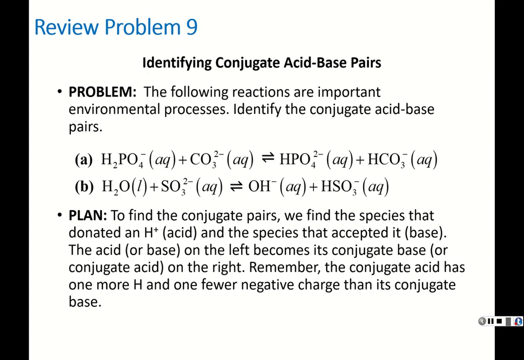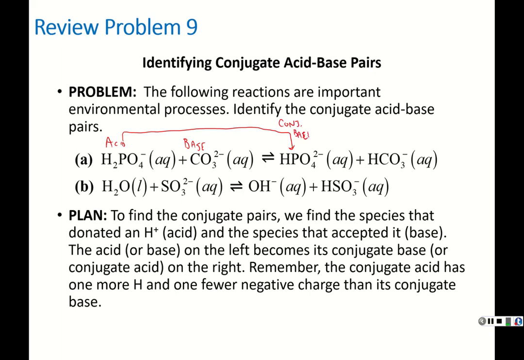In letter A, H2PO4 minus is what's donating a proton to CO3 2-. So here is our acid, and this is our base. Our acid, when it gives up a proton, becomes HPO4 2-, which is our conjugate base.